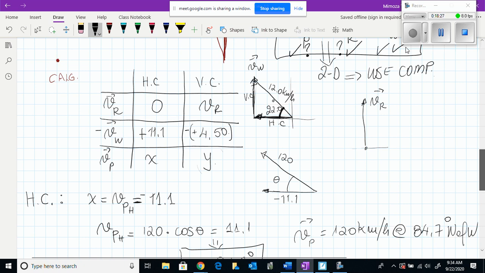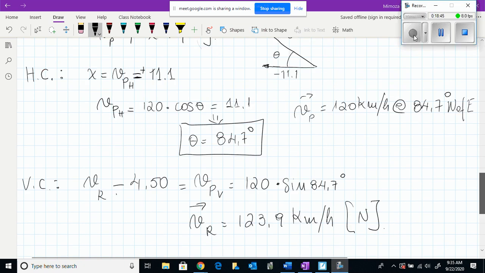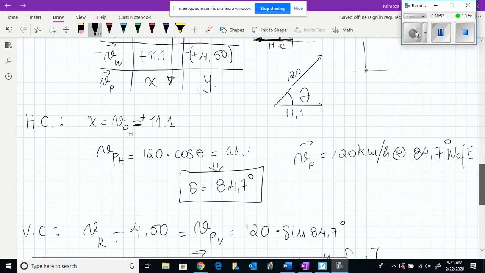So now, from the horizontal component, what we have is that x is equal to positive 11.1. So the horizontal component of the velocity of the plane will be positive 11.1.